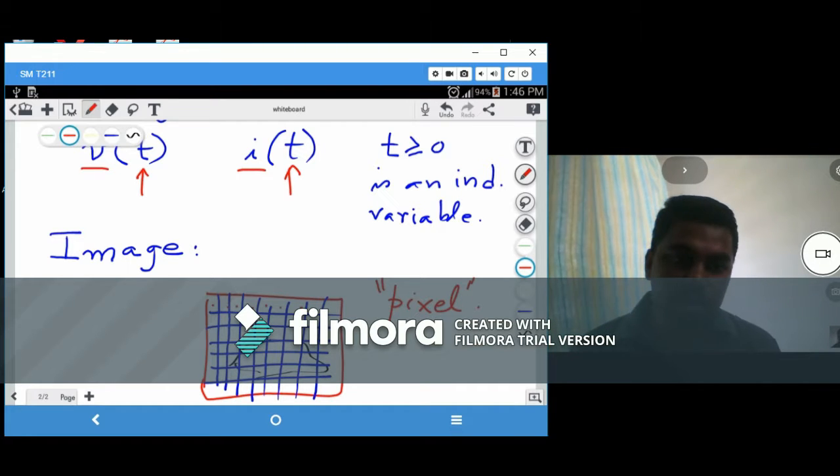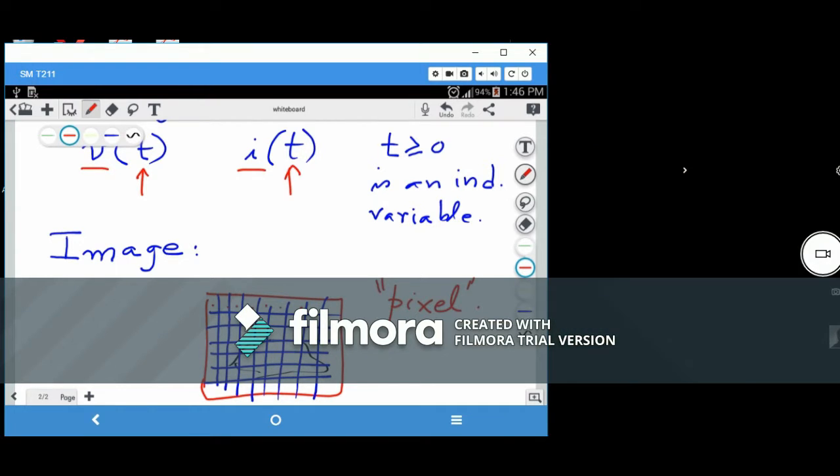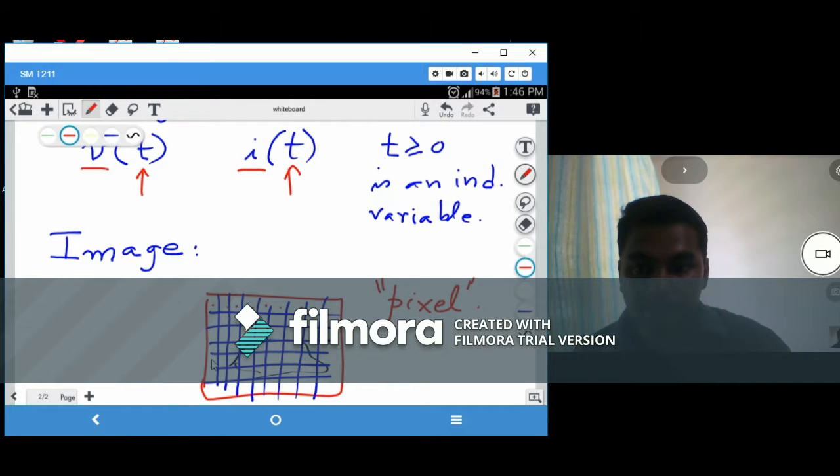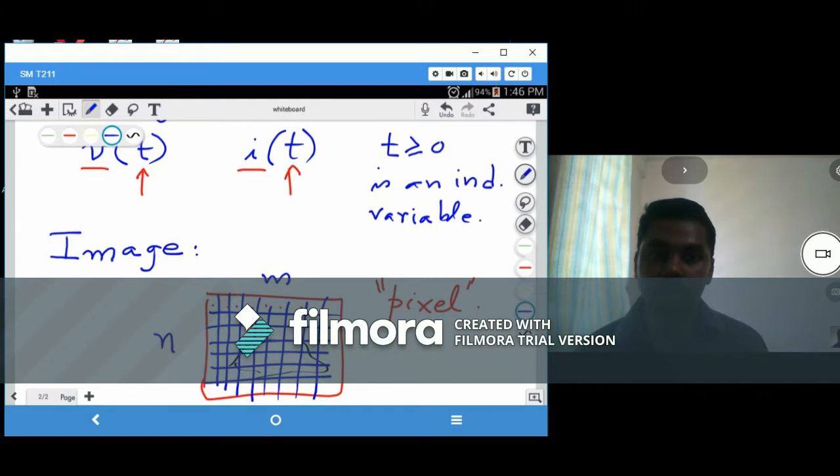So there are some n number of rows and some m number of columns that will form the picture. So let us just write down that some n number of rows and m number of columns. So it is an n cross m image.